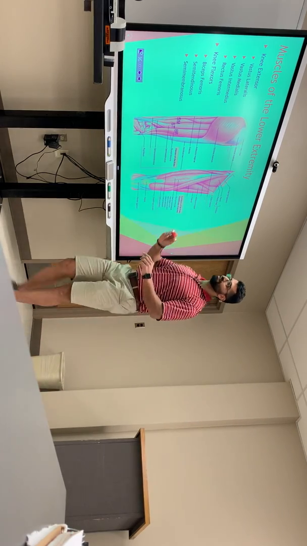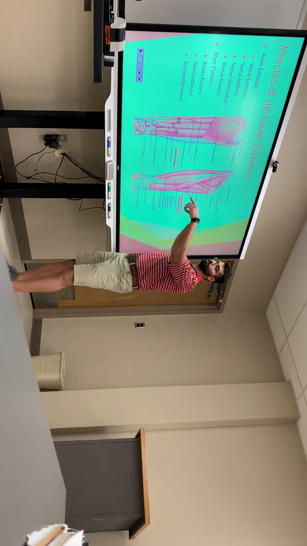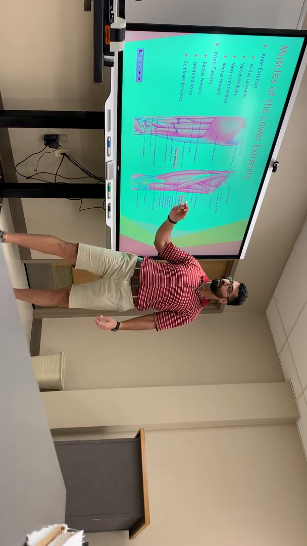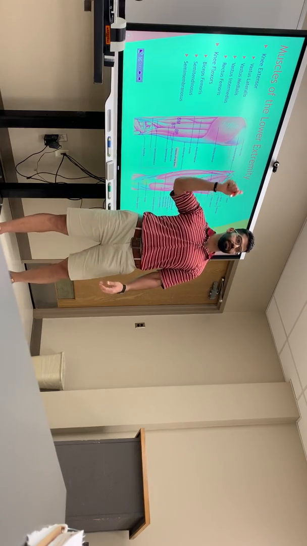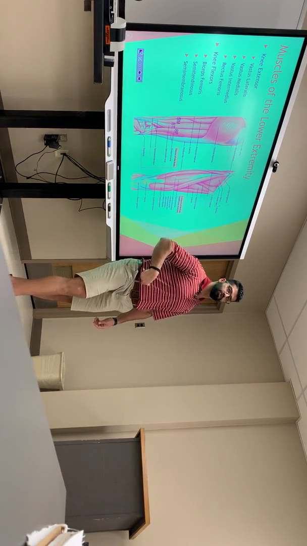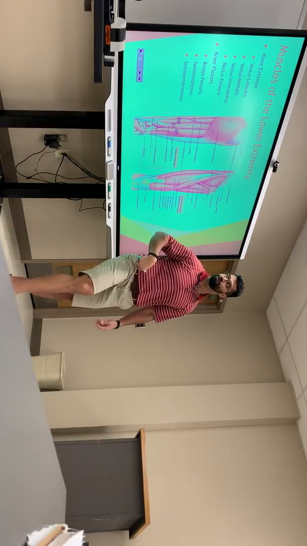And then vastus intermedius, we cannot see that one because it is under rectus femoris. Rectus femoris is the one I said is crossing the hip joint, so it has an effect on the hip joint and the knee joint.